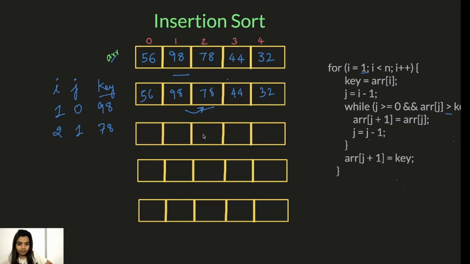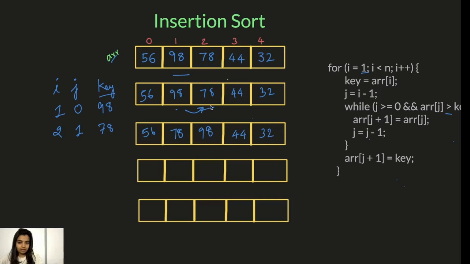So 98 comes here. Then, is 78 greater than 56? No. So we write 56 here, and we place 78 at j plus 1. Then the remaining elements we just copy.